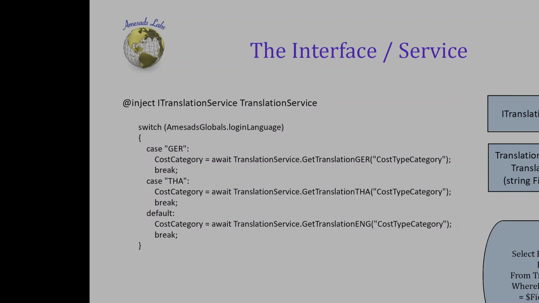As you see here, we have the interface and then we have the service, and within the service we run a select statement. To make sure we have the right language, we set up a global variable with the login language, the user's language, and then we check the languages and call the right method here. That's pretty much it.